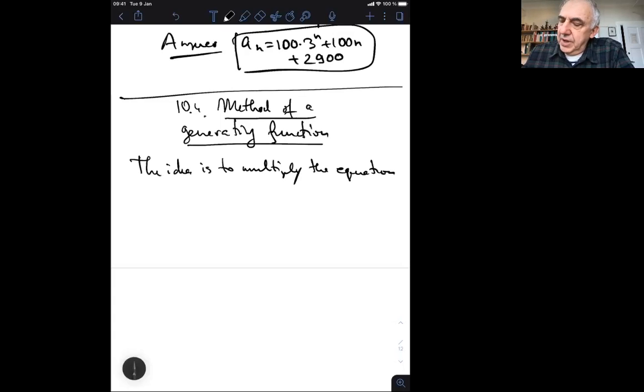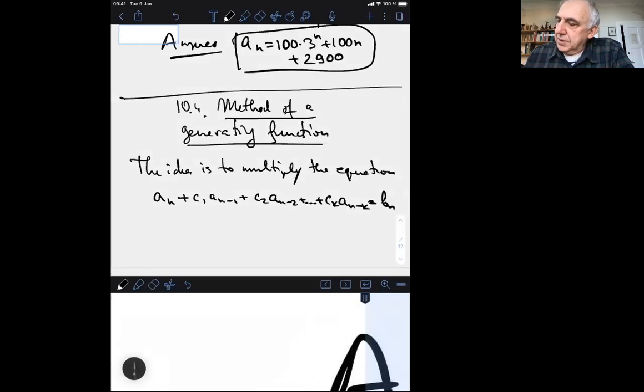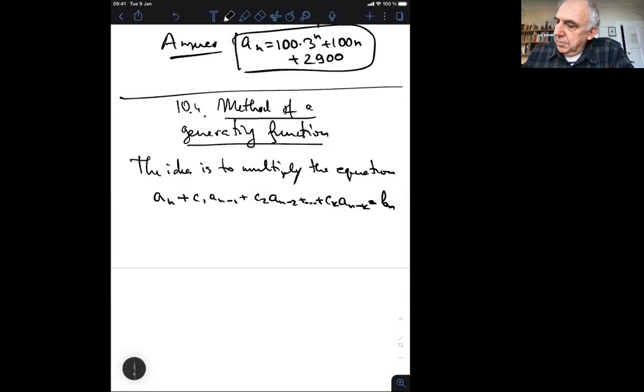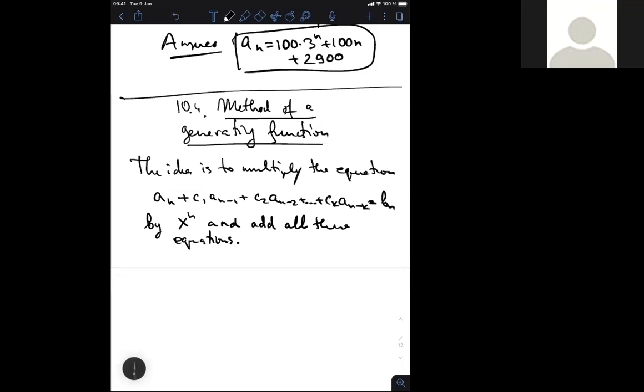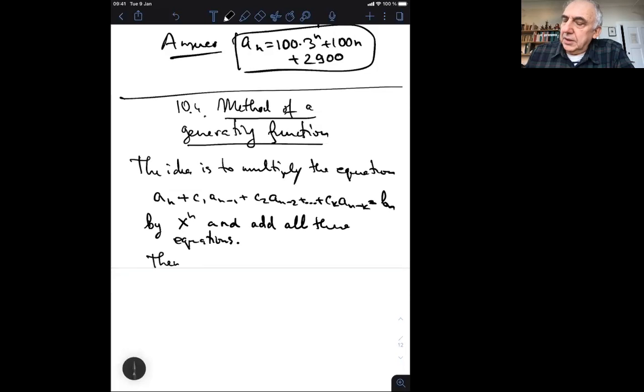Say we have a_n plus some c_1 a_{n-1} plus c_2 a_{n-2} plus and so on, plus c_k a_{n-k} equals some b_n. We multiply this equation by x to the power n, and add all these equations. I'll show an example quickly.